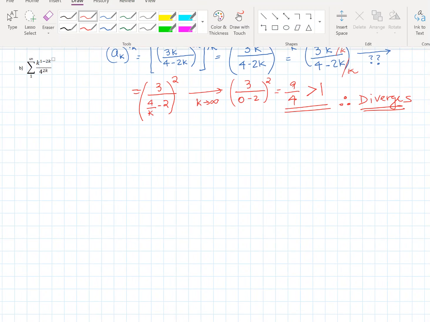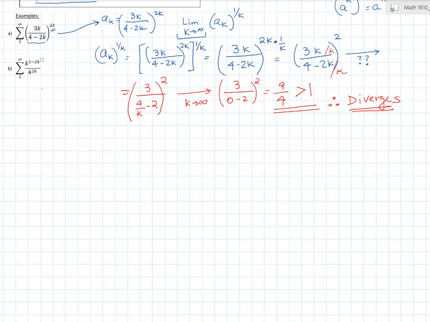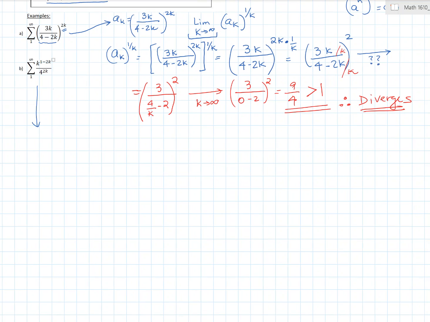Now let's look at the next example. Here ak is k raised to the power 1 minus 2k over 4 raised to the power 2k.